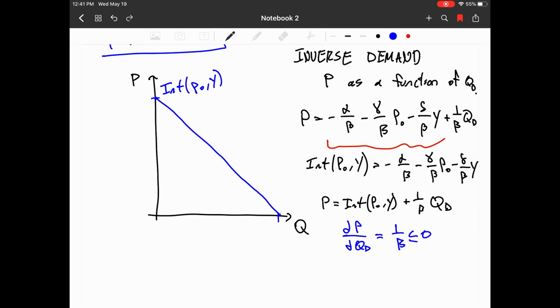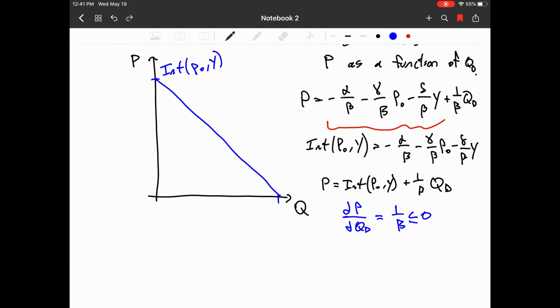Okay, so let's go through and actually plug in some numbers here just to make the point more strongly. So let's use the numbers from before. First we're going to define the value of the intercept. And all we have to do is just plug in the parameter values and the variable values that we used earlier.